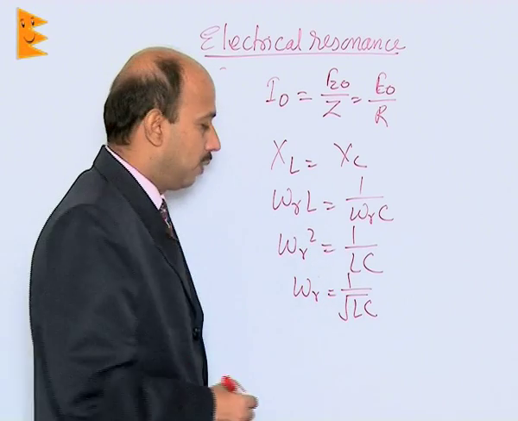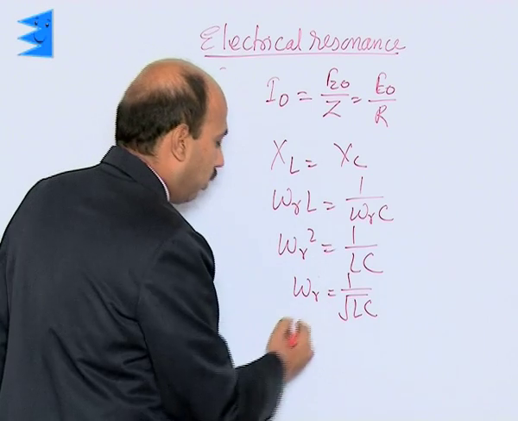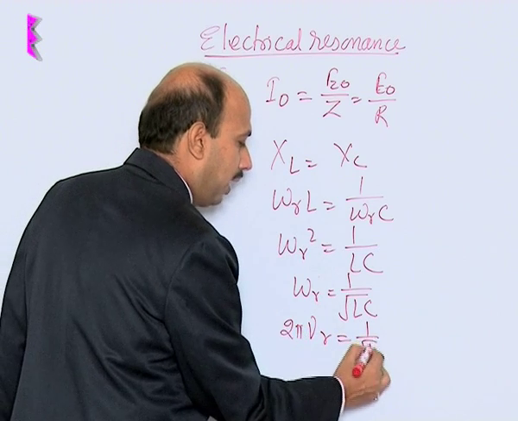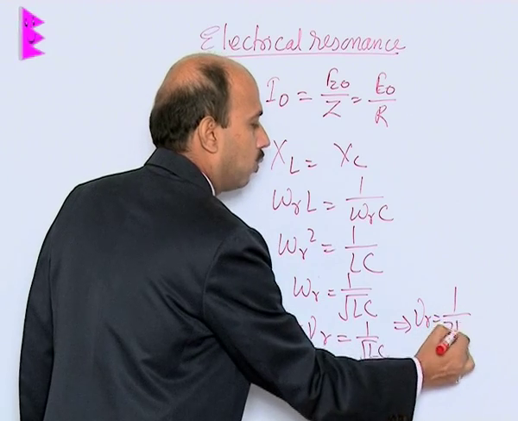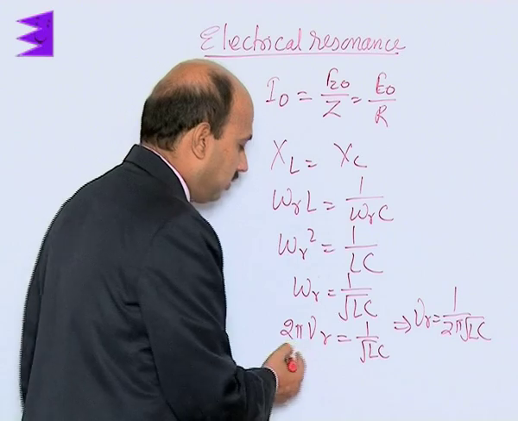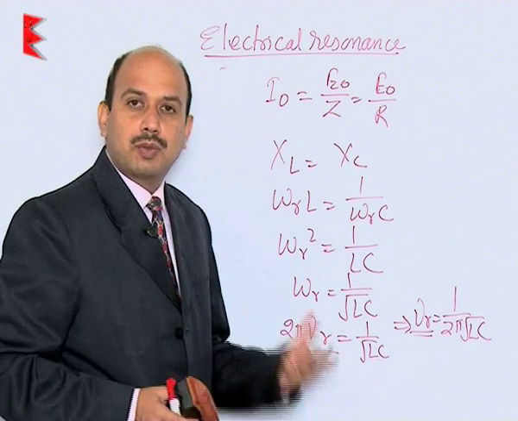This is the resonant angular frequency at which the current is maximum. Writing 2 pi nu R is equal to 1 upon root LC, nu R is equal to 1 upon 2 pi root LC. This nu R is called the resonant frequency.